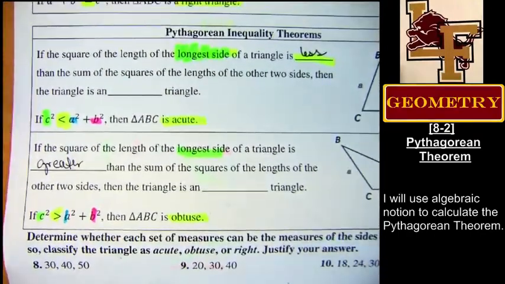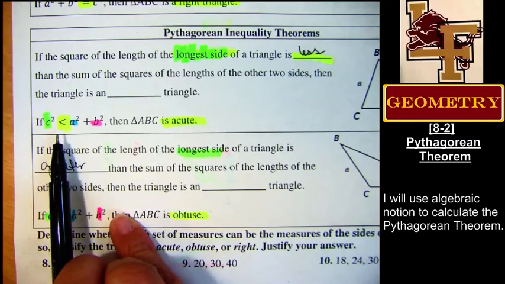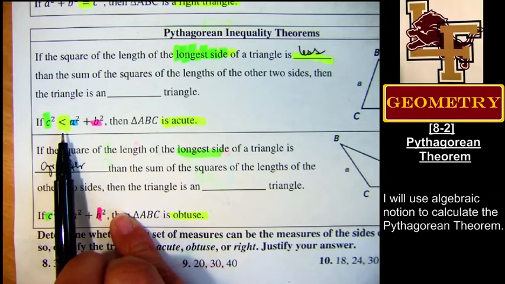Equal, longest side equal, right triangle. Longest side smaller, acute. Longest side bigger, obtuse. So what goes in there? We're going to have to figure that out.